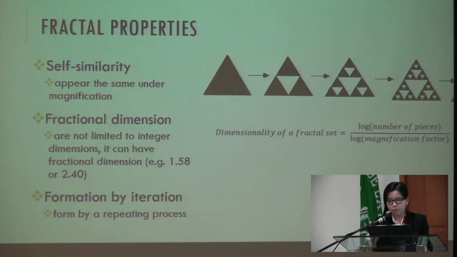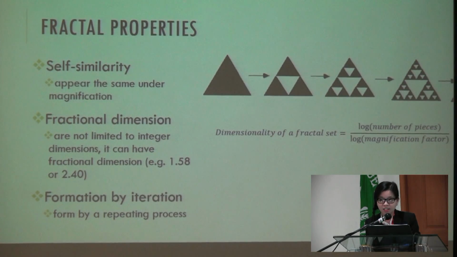Fractals also have a special dimension. There's some confusion in defining dimension, because the dimensions that we know are the first dimension, which is usually a line, then the second dimension, represented by a square for a plane, and then we have three dimensions. But for fractals, it's different.